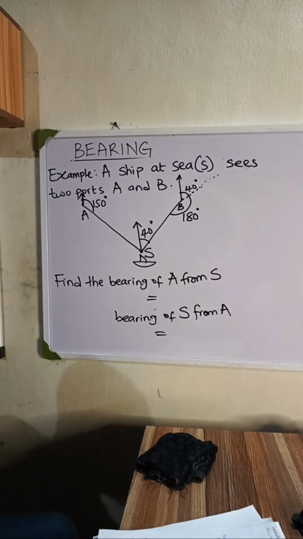Somebody's saying A from S, 150 degrees. Look at the story well. A from S means you're starting from S and you're going towards A. That's what A from S means.